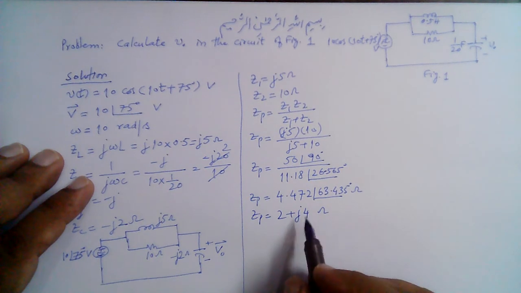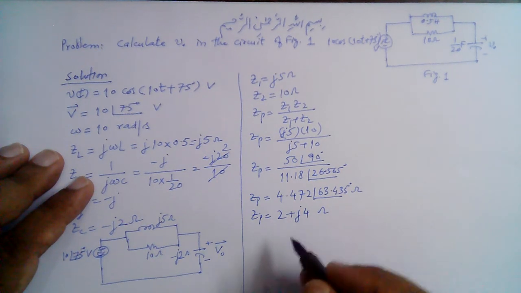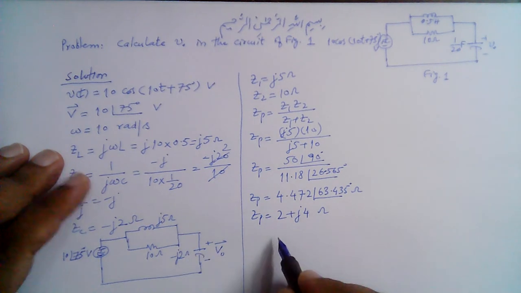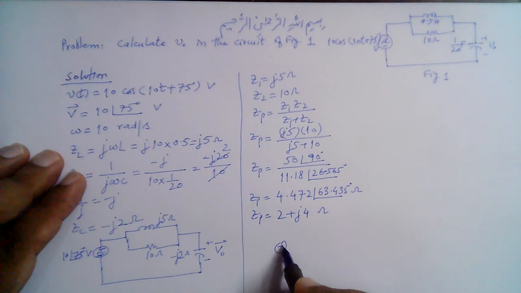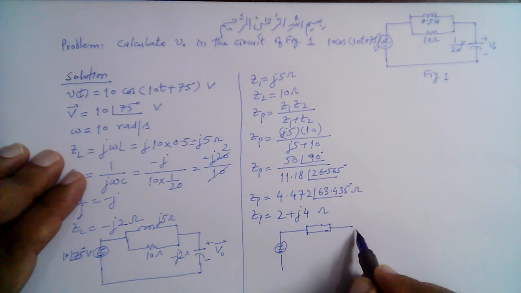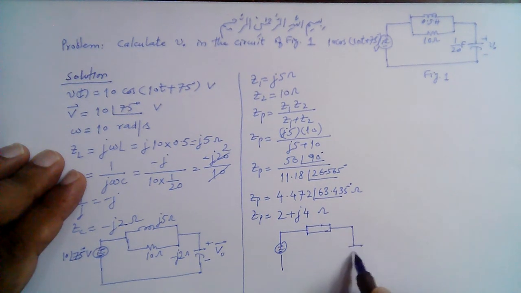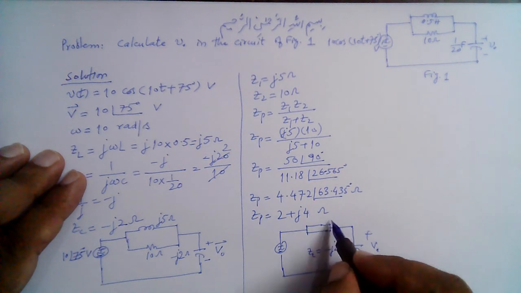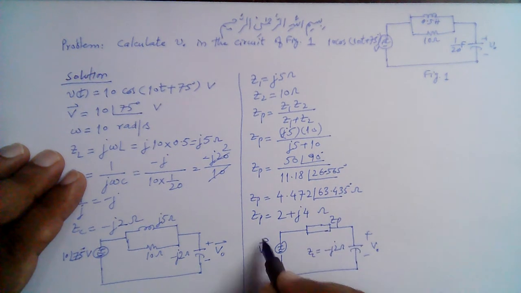The imaginary part is inductive reactance, right? So we can now represent this circuit like this. This is ZP, right? And this is in series with now this capacitor here. The voltage across this is V naught, and this is minus J2 ohm. This ZC is equal to minus J2, and this is ZP, and this is V here.